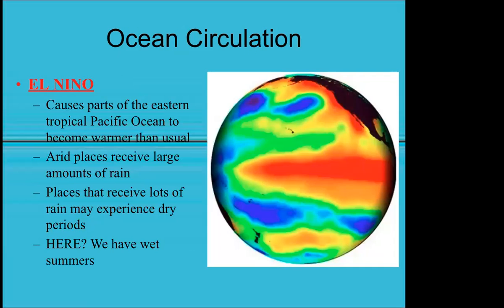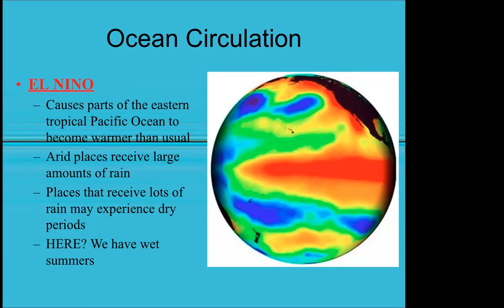Next is ocean circulation. So El Niños cause parts of the eastern tropical Pacific Ocean to become warmer than usual. So arid places receive large amounts of rain. Places that receive lots of rain may experience dry periods.